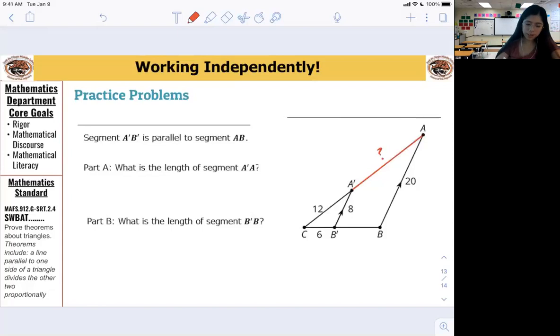Okay, so 12 over x is equal to 8 over 20. Good. You got it. So let's go ahead and cross multiply. So we end up with 12 times 20, 240.